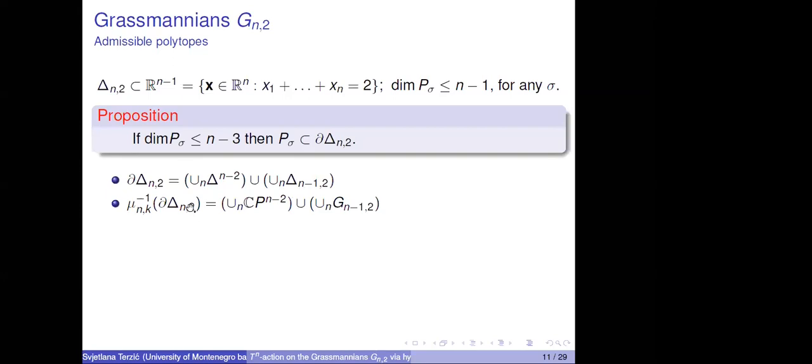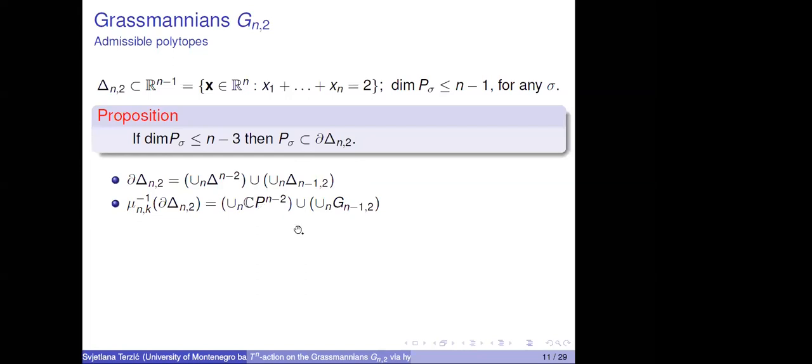Also, earlier we showed that the preimage of the boundary of Delta_n,2 is the union of n copies of CP^(n-2) over these simplices, and n copies of the Grassmannian G_n-1,2, and we can describe all these embeddings in G_n,2.